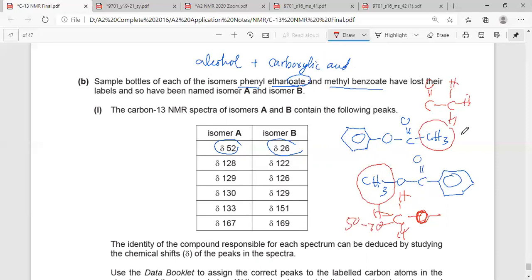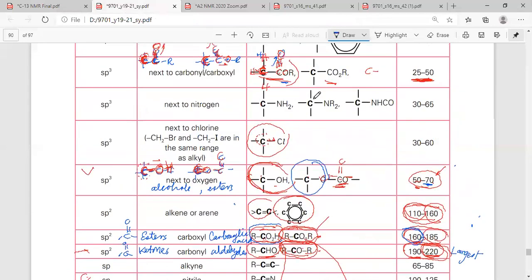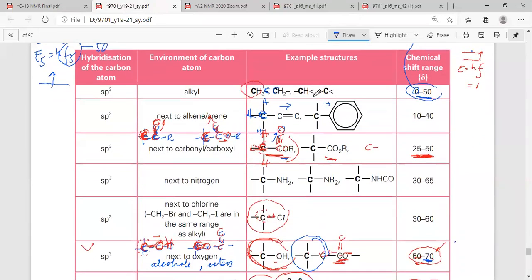Now, C to carbon, C to C, this is C to C and O. C to carbonyl, here. See now, C to carbonyl.